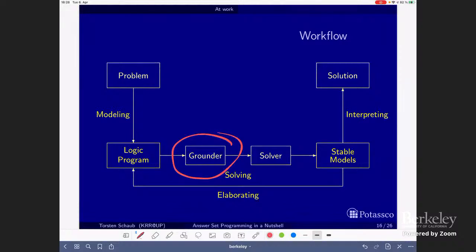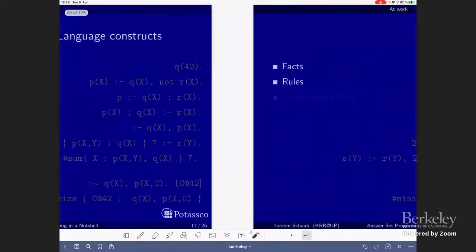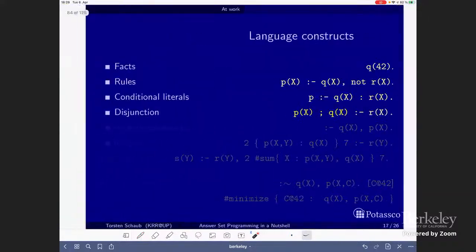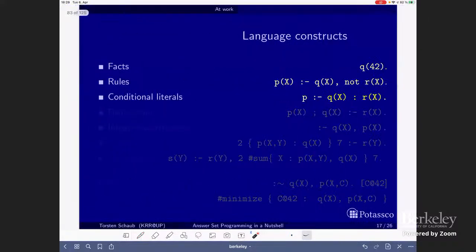Because in the end, as I said, the guy is Turing complete, and if you have function symbols, let it be integers or real function symbols, you end up with situations where you create infinite objects, and the semantics of the grounder is described by an infinitary logic. And I can show you this in a second with the constructs. But we first have to, I'll stack this and I'll pop the stack once I'm through with it.